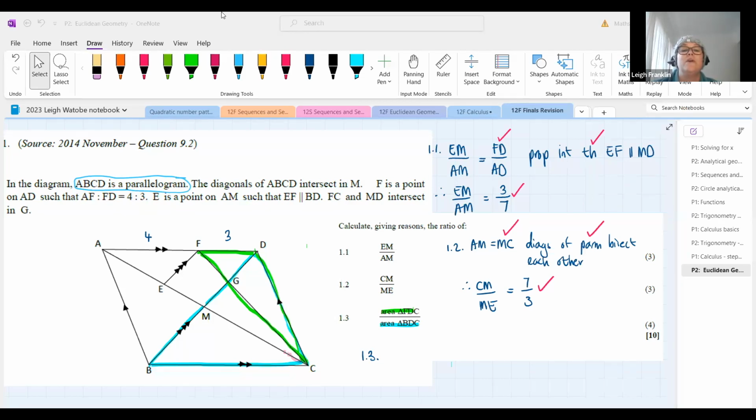That's it, Ntokozo. They share a height. That's it, Tristan. Yes, they have the same perpendicular height. Okay, so that's something that we are supposed to know. It's one of the things that we would have had to learn.